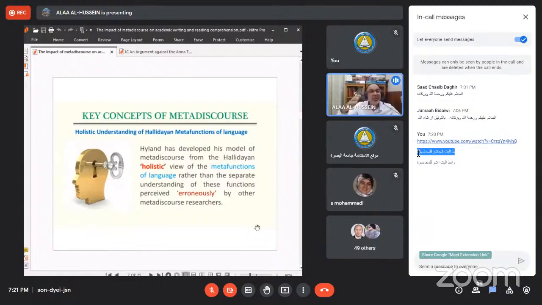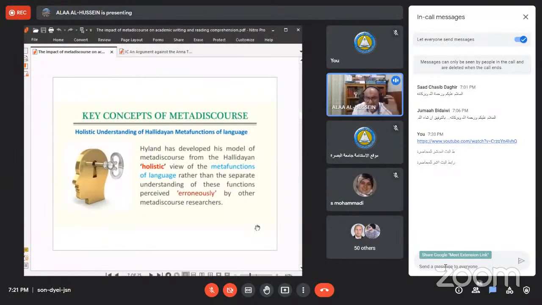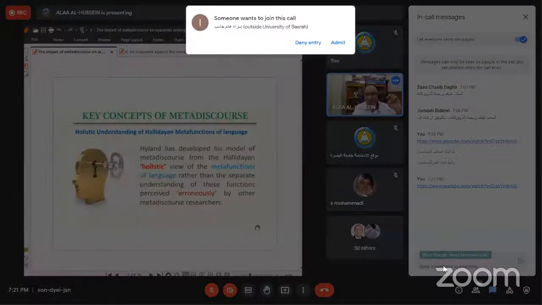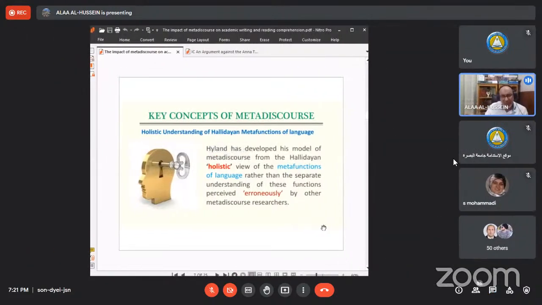They separate these functions from each other. However, what Hyland did is that he understood that each and every meta function of language works together with the other meta functions, complementing them, and work together to convey the meaning of the message.